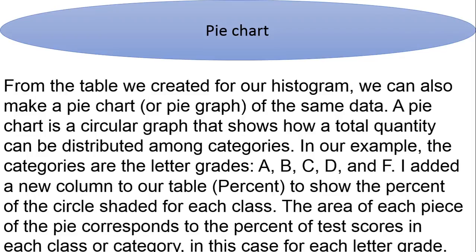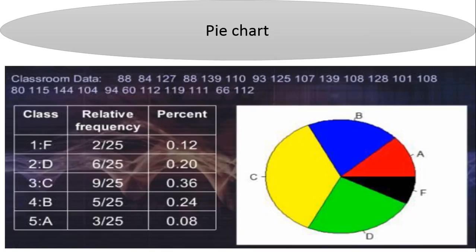In our example, the categories are the letter grades A, B, C, D, and F. I added a new column to our table to show the percent of the circle shared by each class. The area of each piece of the pie corresponds to the percent of test scores in each class or category, in this case for each letter grade. So you can see the representation of a pie chart.